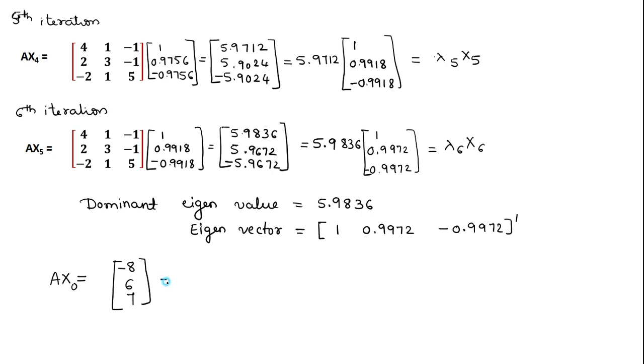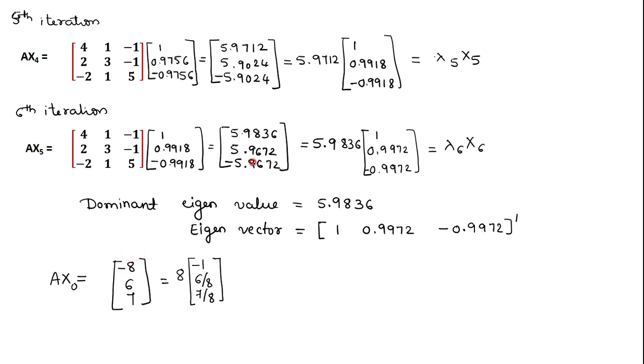In this case, the numerically largest element is 8. Even though it is with the minus sign, we take 8 common and write this as minus 1, 6 by 8 and 7 by 8. So we take the numerically largest element common irrespective of its sign.